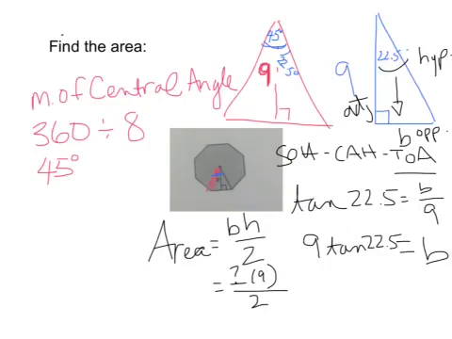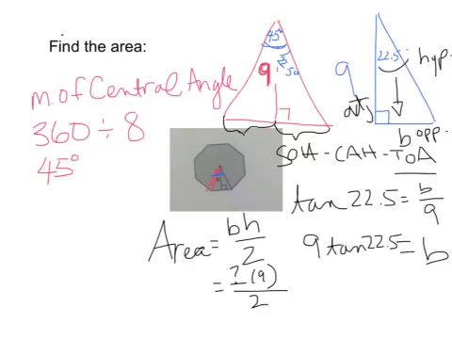So there's two ways to kind of proceed from here. I'm going to leave it like that for right now because it's the most exact. But I'm also going to keep in mind this piece right here is just from here to here. So this is 9 tangent of 22.5, and this piece is 9 tangent of 22.5.